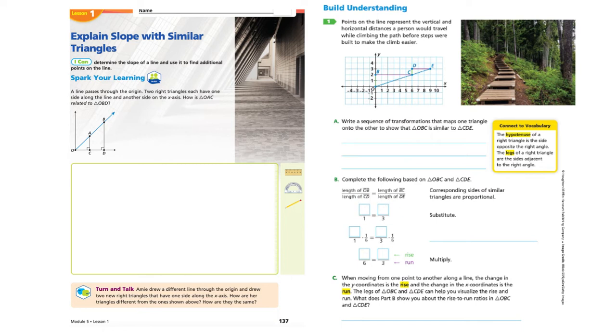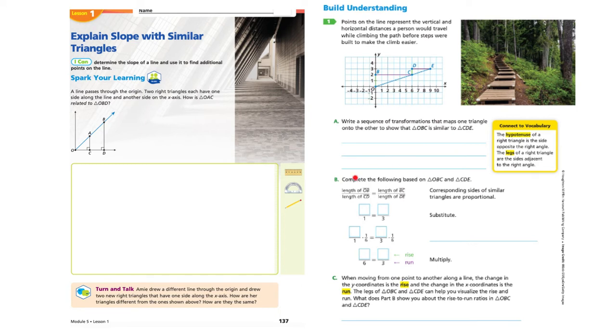They've said the length of CD is 1, the length of DE is 3. So one thing you need to do is look at this graph and make sure that the scale makes sense with what they're saying. So you'll fill in here what is the length of OB, and here what is the length of BC.